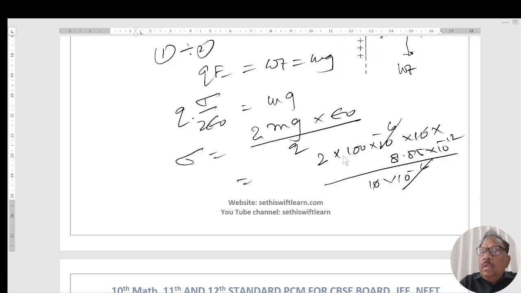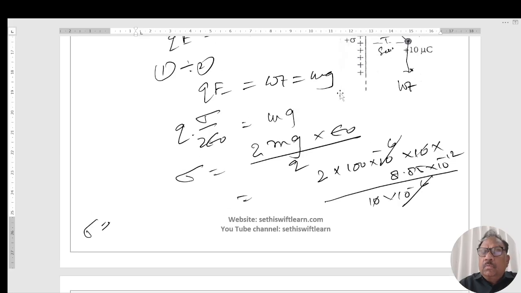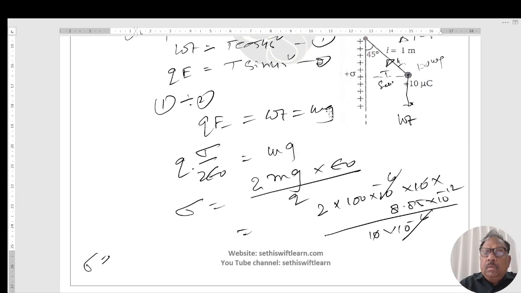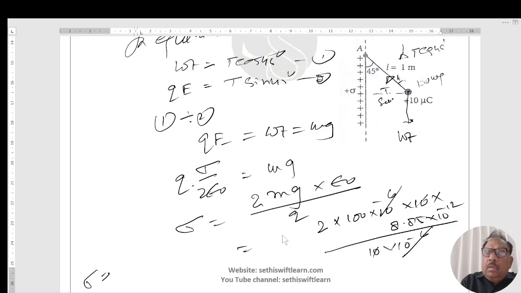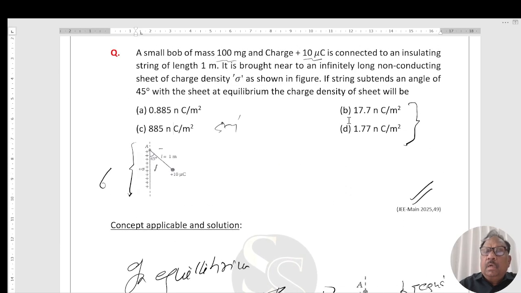So on multiplication, sigma comes out to be, ये आ जाएगा 17.7 into 10 to the power minus 10 or 1.77 into 10 to the power minus 9. Answer is given in nanocoulomb, 1.77 nanocoulomb. This is the answer, right? D is the correct answer.